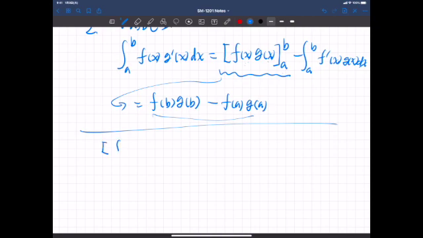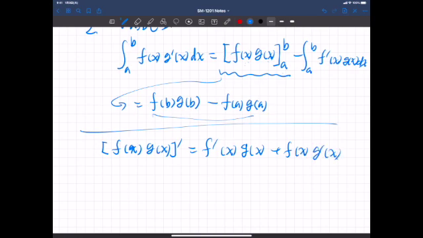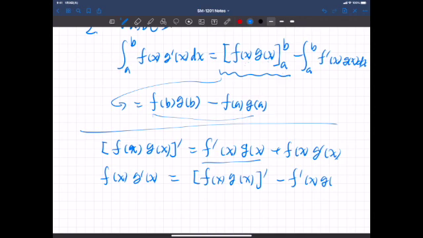From the product rule, let's differentiate f times g with respect to x. Then we have f prime times g and f times g prime. If we move this part to the left and swap left and right, we have f times g prime equals (f of x g of x) prime minus f prime g.